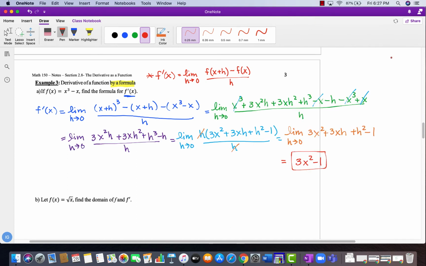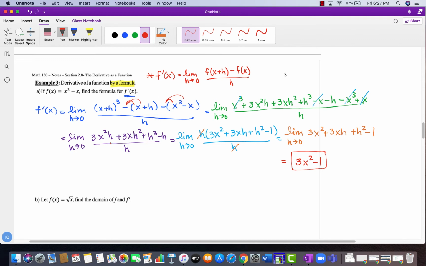All right, so here we have this. I distribute this to the third power, and I wrote everything out, I distribute the negative signs inside the parentheses, and then I did some simplification.